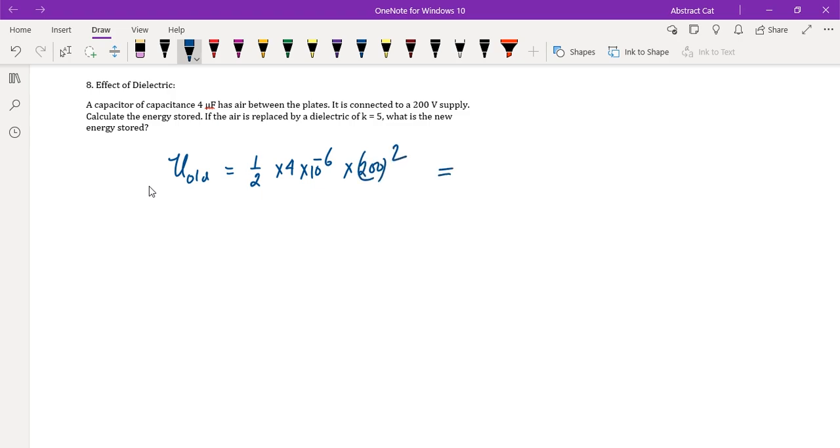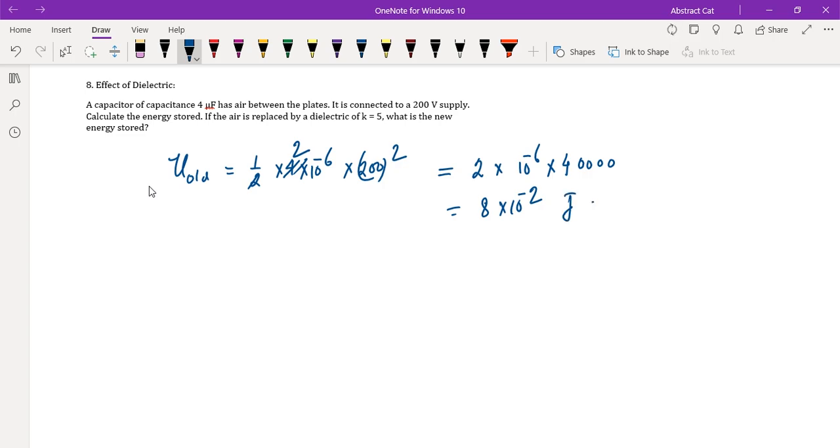So we get 2 into 10 to the power minus 6 into 2 to the 4, that is 4 to the 8, and here 10 to the 4, so 10 to the power minus 2 joule.